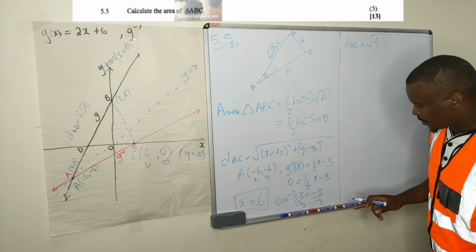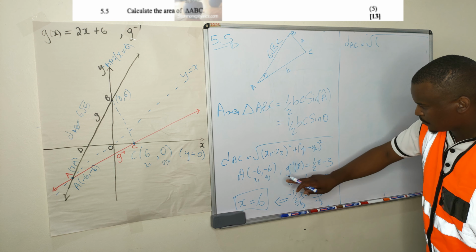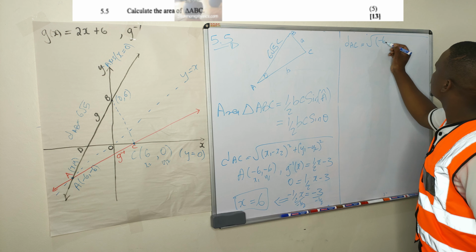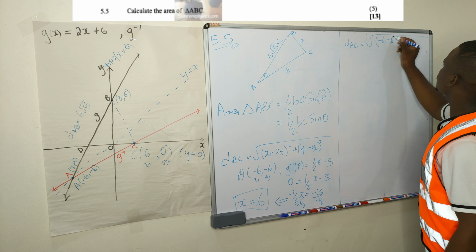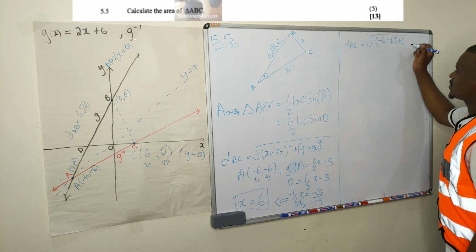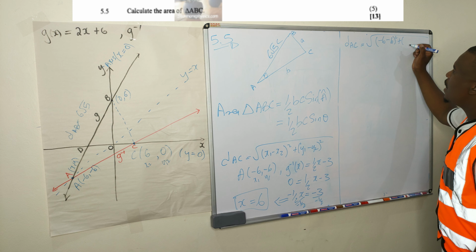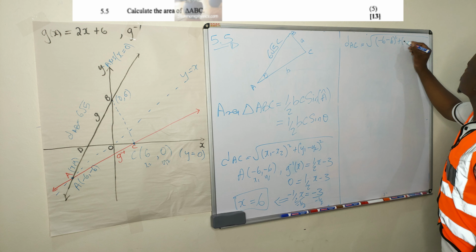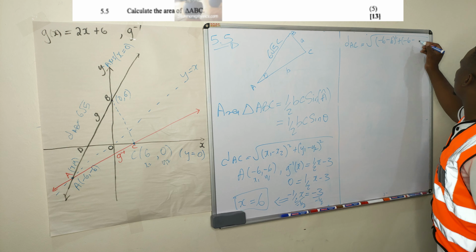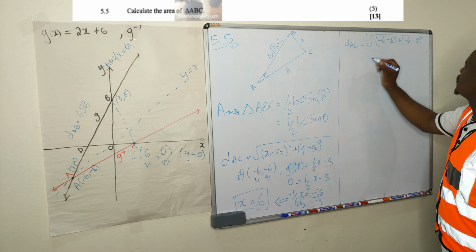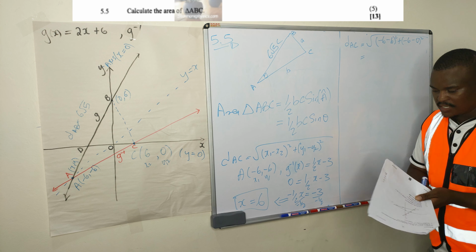Our x1 is minus 6, minus x2, our x2 is 6, all squared, plus y1, which is minus 6, minus y2, which is 0, all squared. Then you can punch this in your calculator as well.